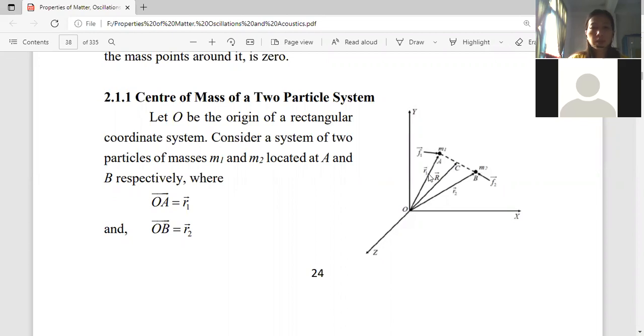and mark it as vector R1, and point B with the origin of the coordinate system, and then we get this line as the position vector 2 at the distance between O and B. So this position vector is R2, and here we have the center of mass.